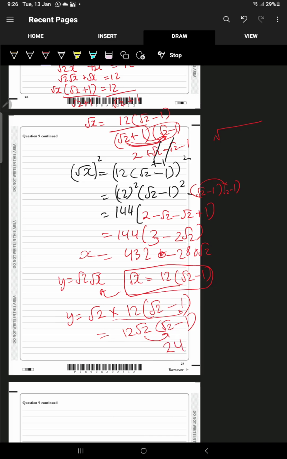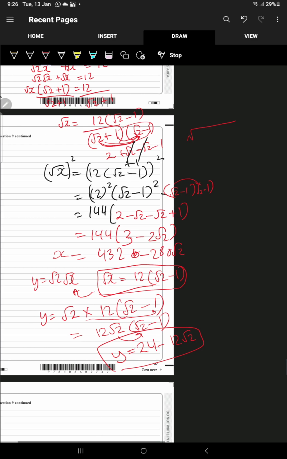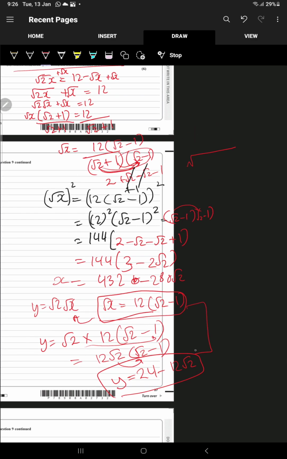So here are the coordinates. Not this one, this one over here. So the x coordinate is 432 minus 288 root 2, and the y coordinate is 24 minus 12 root 2. We just sub in the root x over here.